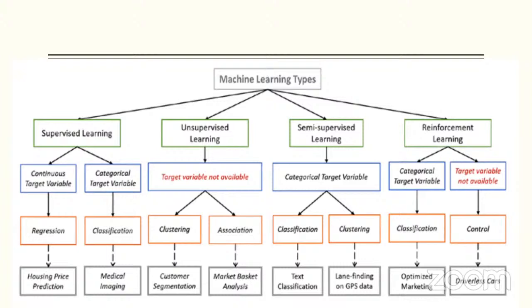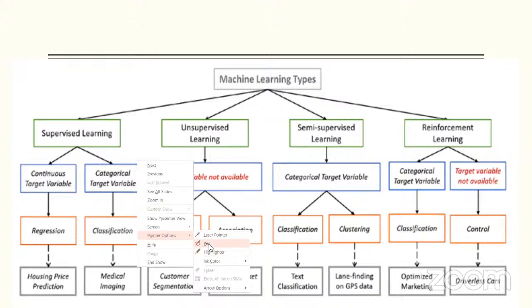Now, what are the different algorithms that are used in different types of learning? We discussed supervised learning. We said that supervised learning is based on past data, right? Now, if you look at the objective of supervised learning, it could be either to find a continuous target variable or categorical target variables.